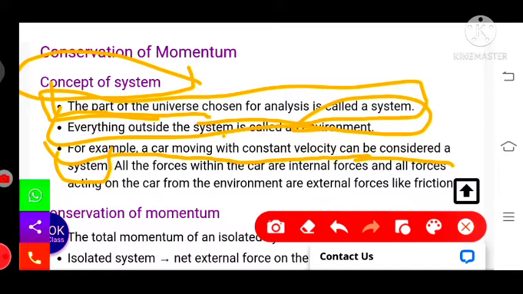The force which is applied by the car is an internal force, and all forces acting on the car from the environment are called external forces, like friction. Friction is an example of an external force which is applied on the car.